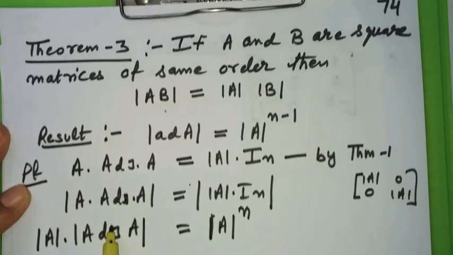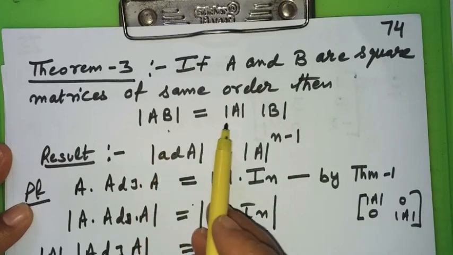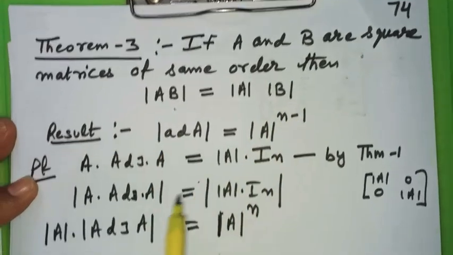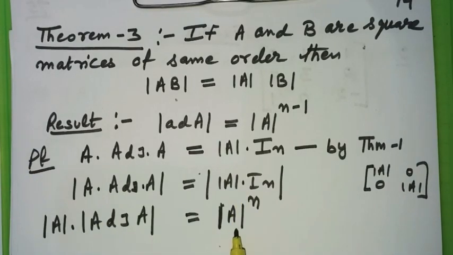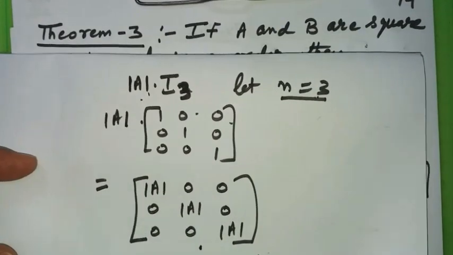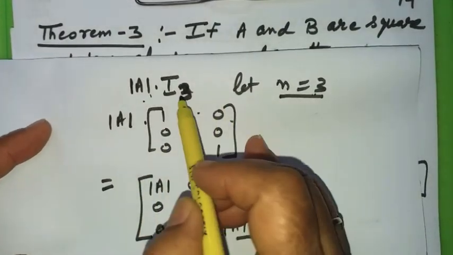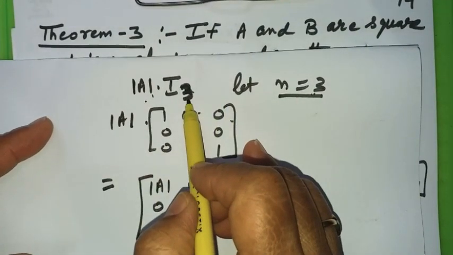So I have used this result, determinant of AB is determinant A into determinant B, in writing this expression in this form. And how I wrote this: for this I have used this expansion, by taking the example of n to be 3.